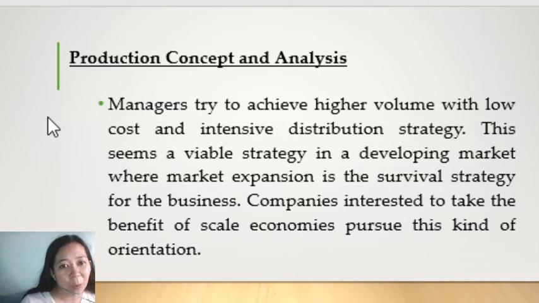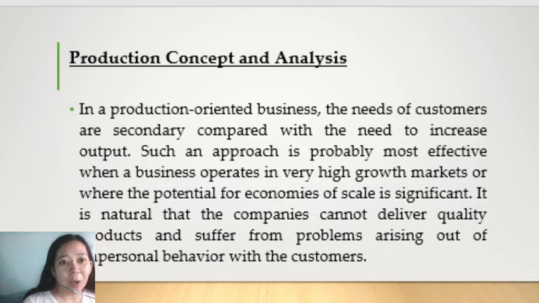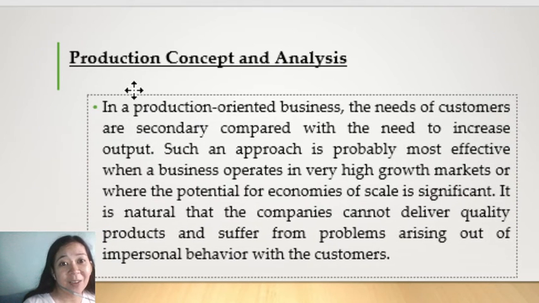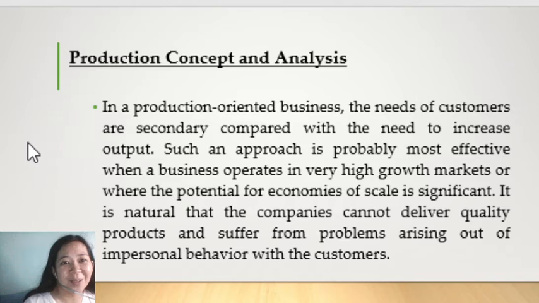So companies are also interested in taking the benefit of economies of scale, so they pursue this kind of orientation. Because again, their objective is to produce more, to sell more, to gain more. In production-oriented business, the needs of the customers are secondary compared to the increase in output.